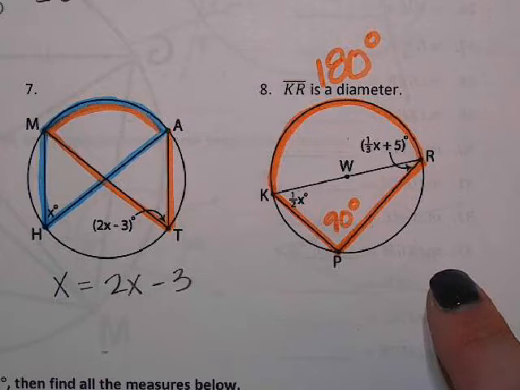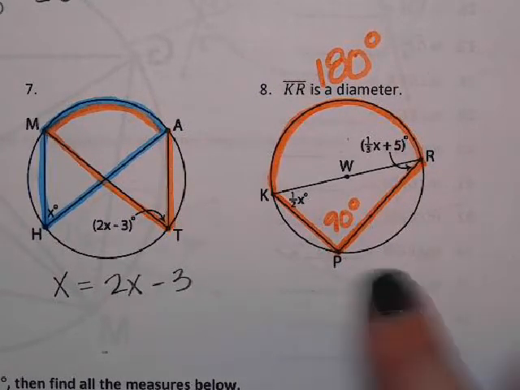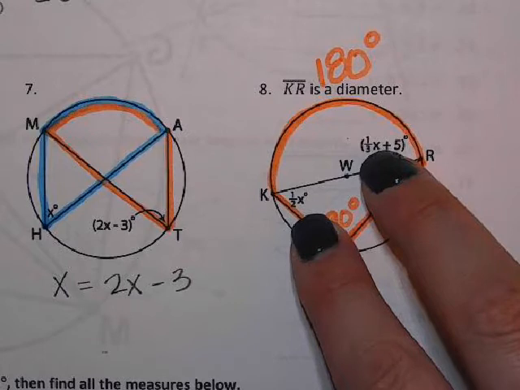Anyone have any ideas? Somebody other than Kaylee. Anyone have any ideas? What's your idea? That you're right. Try to cancel out the straight and to get it by itself. Oh, to get the x by itself? We're going to get the x by itself eventually.